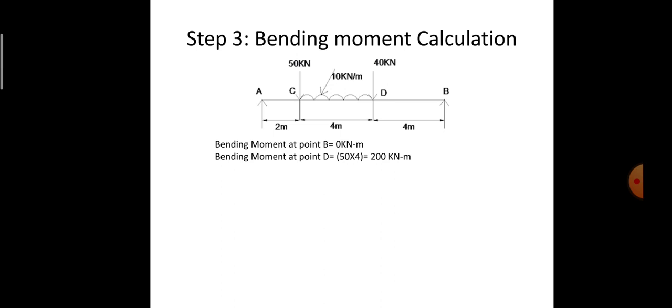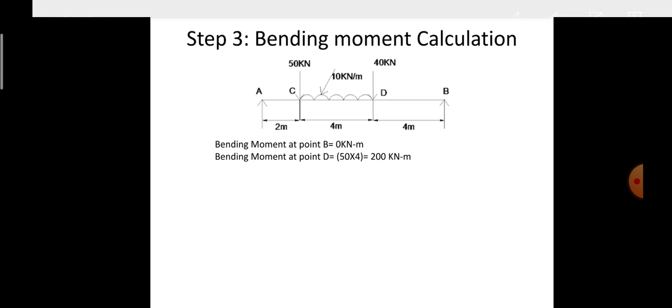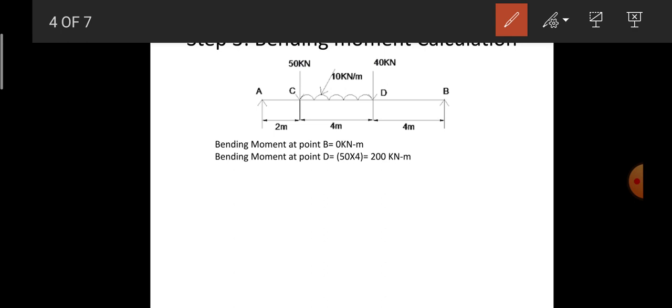Next is the bending moment at point D. Previous to point D we have one point, that is point B. So the bending moment at point D is RB into this distance, force into perpendicular distance. The force is RB, the distance is 4 meter, so RB into 4.